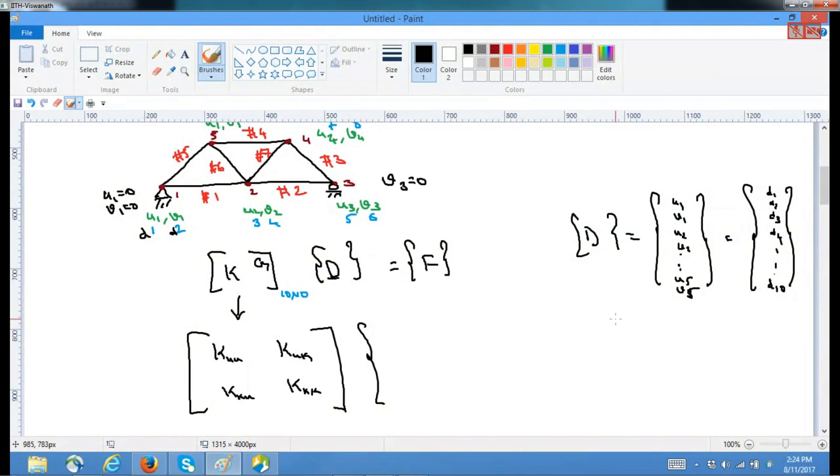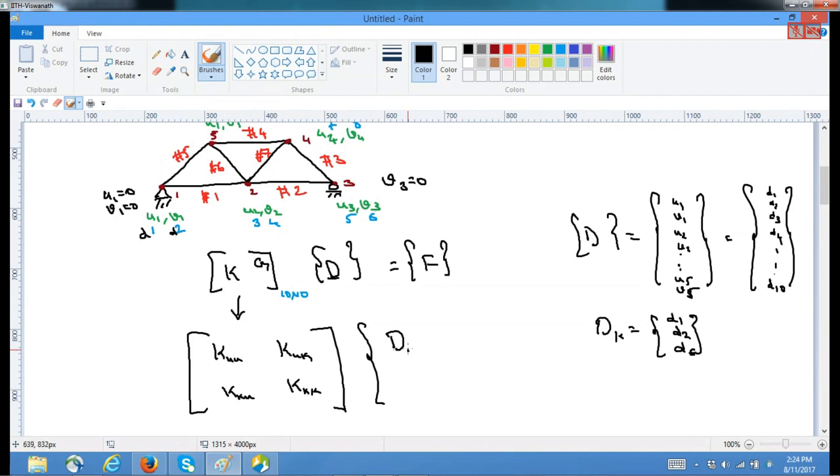So our known degrees of freedom are d1, d2 and d6, because this is d6, this is d2 and this is d1.